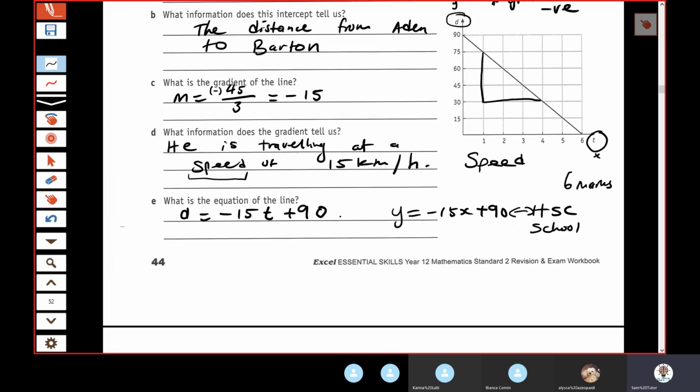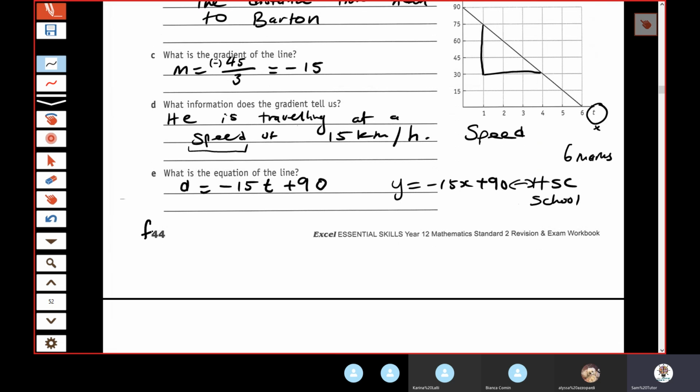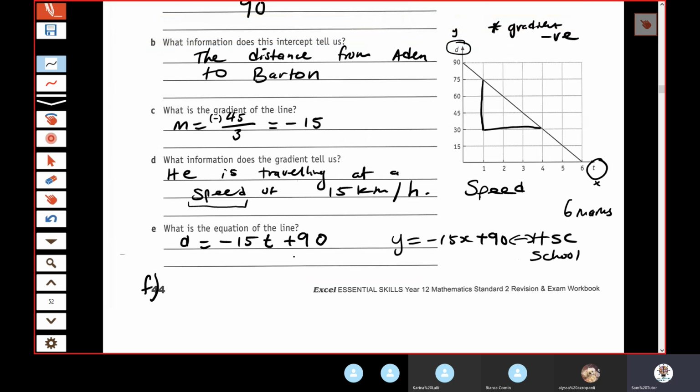All good. There is another question I want to add to F, which gets asked more in the HSC period, but it could come up in your school exams as well. F will say, what is a problem that could arise with this model that we've just done?